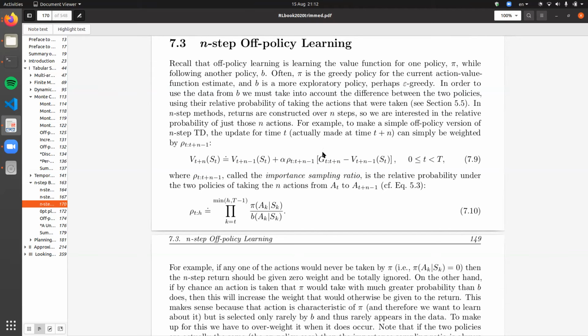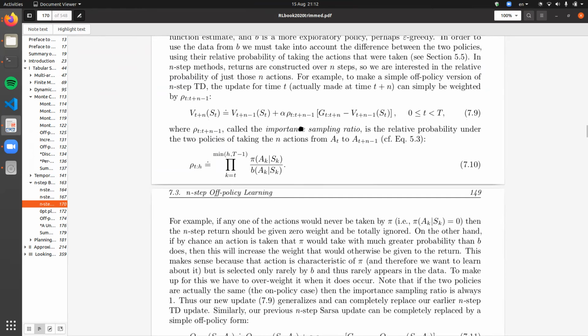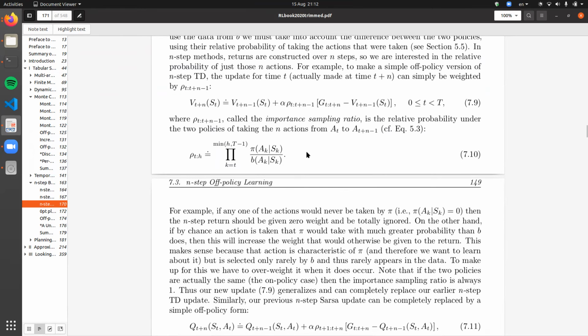That was nicely highlighted in the Cliff Gridworld example, when we wanted to learn a greedy policy, but the exploratory policy was giving us high negative rewards, which will not ever be observed if you follow a greedy policy.